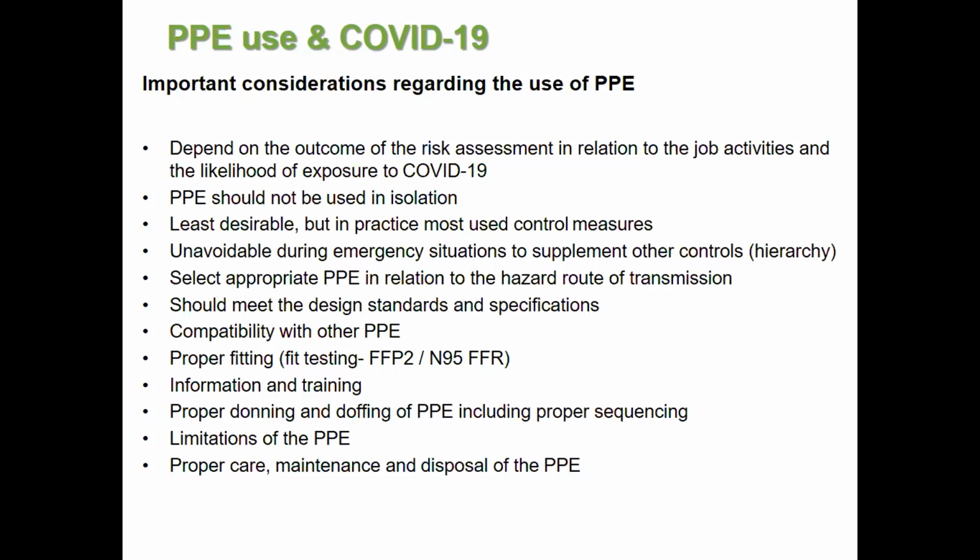So in other words, you are not really taking away all the risk and hazard that you have identified in your previous risk assessment. Now you're reviewing it to make it relevant and current to the situation at hand. So when you want to use PPE, it should be informed by the outcome of the risk assessment.